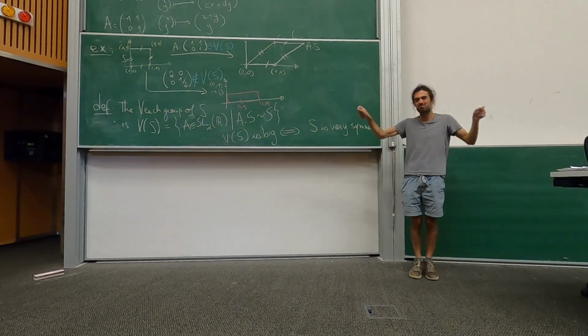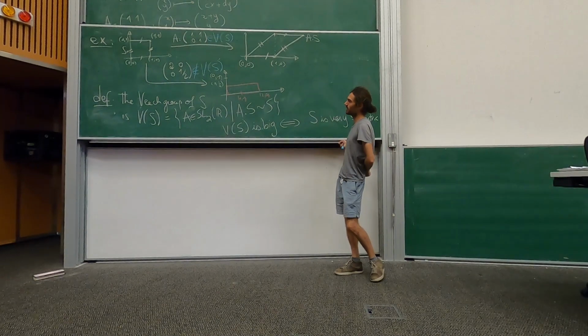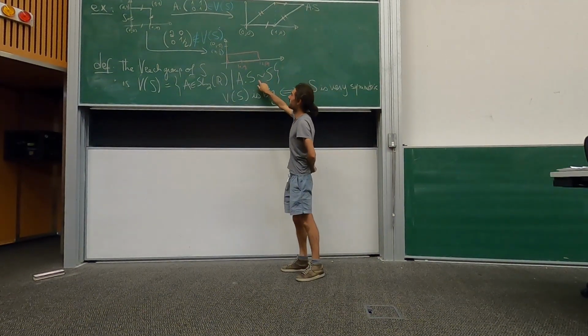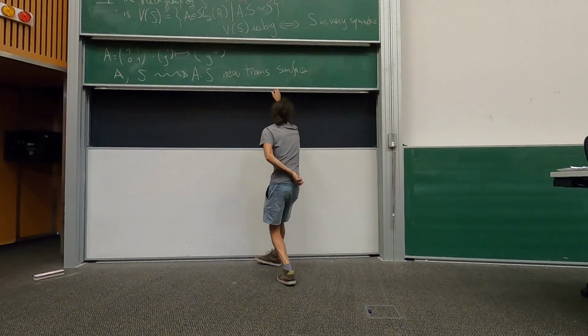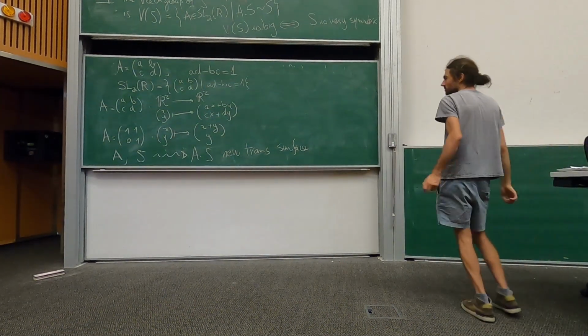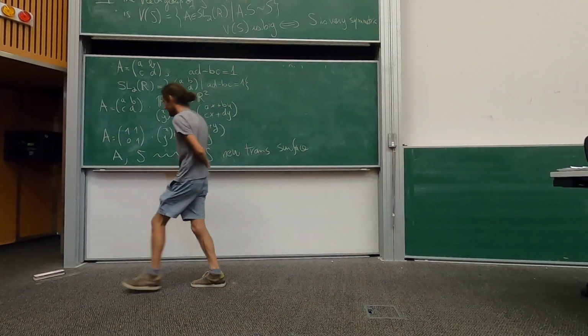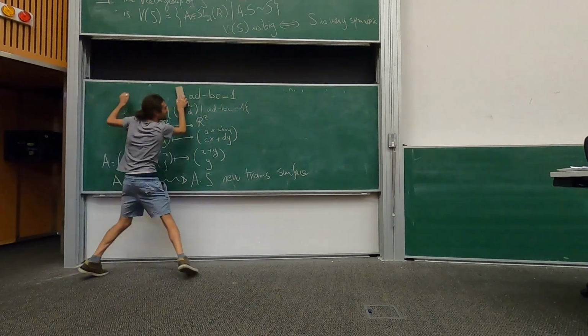If it's twisted, you have no chance. So this is measuring how symmetric the surface is. So let me do a small recap of what I said.